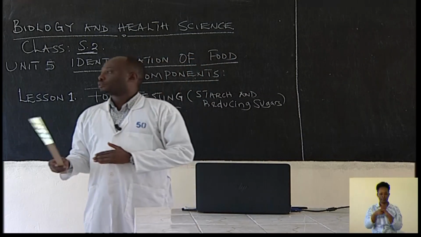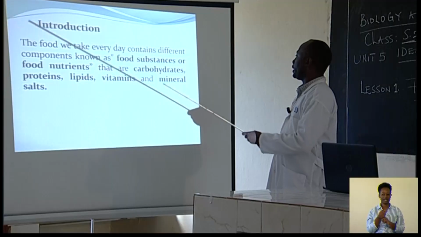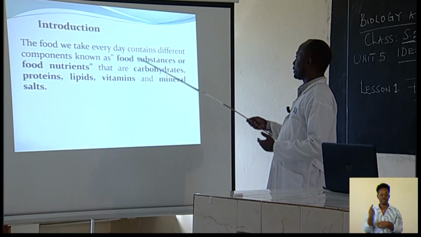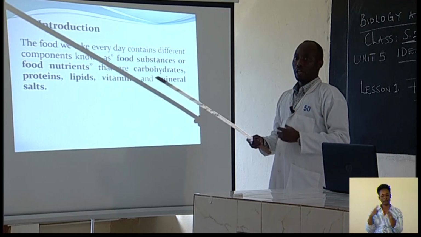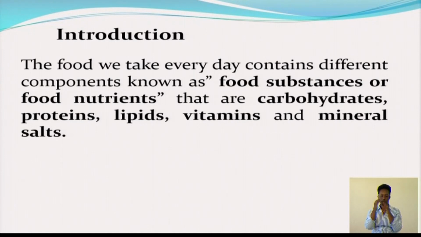Students, you know that every day we eat food that contains different components. And these components, as food substances or nutrients, help us to build our body parts. These nutrients or food substances are carbohydrates, proteins, lipids, vitamins, and mineral salts.